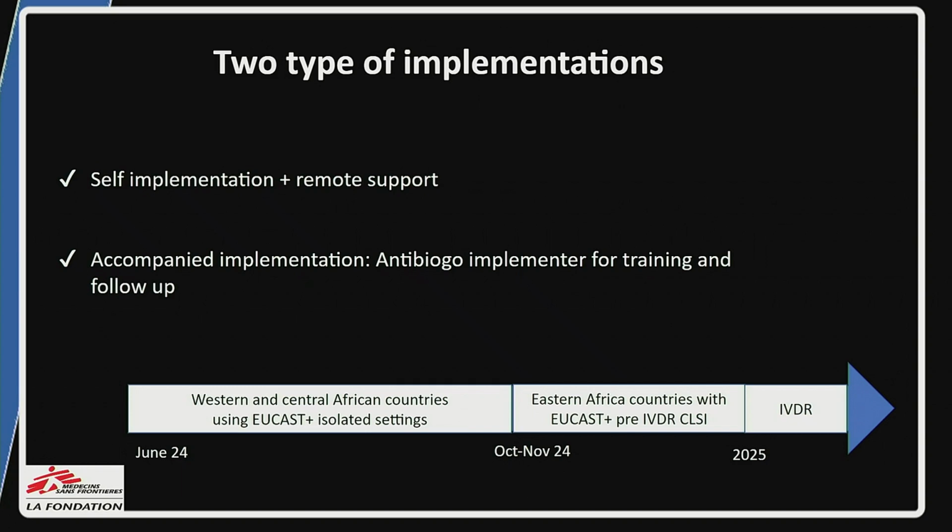So there are two types of implementation. There are facilities, especially with the training tool and the e-learning that we developed, that can implement Antibiogo by themselves. There is no need for a specific training except going through the Antibiogo training path.